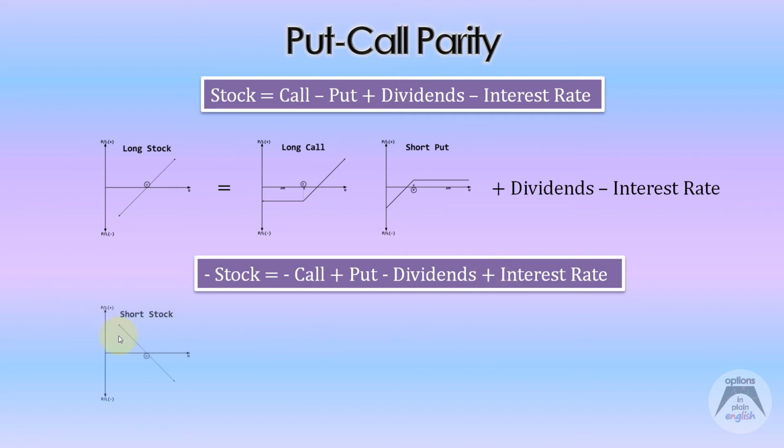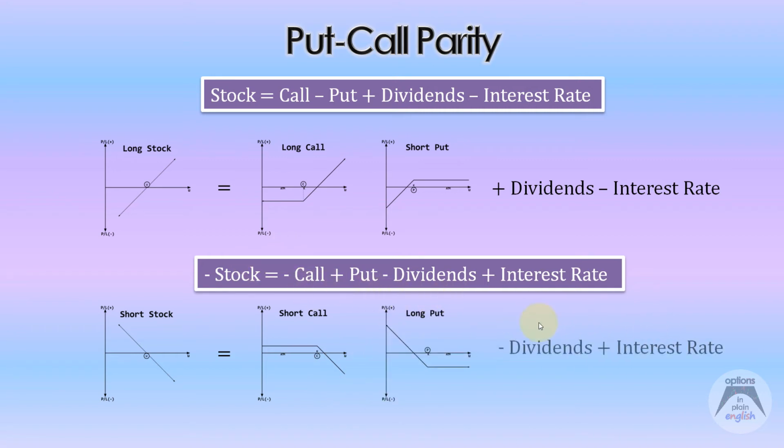Okay, so short stock, if I want to replicate short stock, what I can do is short a call, buy a put, and then I'm going to have these terms be the difference between these two components. So the difference between shorting a stock and then shorting a call and buying a put is going to be the value of the dividends and the value of the interest rate.